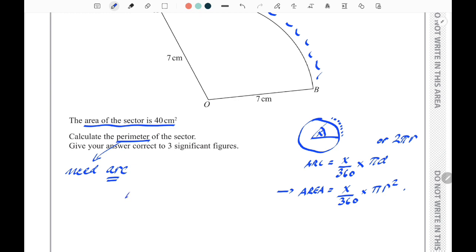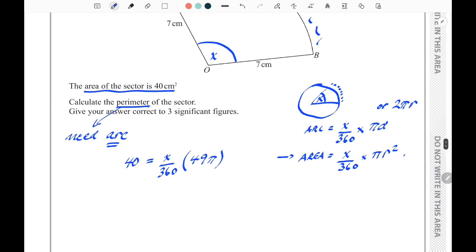So we're given that the area equals 40, and that must be the angle x over 360 times pi r squared, so that's 49 pi, 7 squared, remember? And if we work backwards from there, how are we going to do this? 40 times 360 divided by 49 pi.